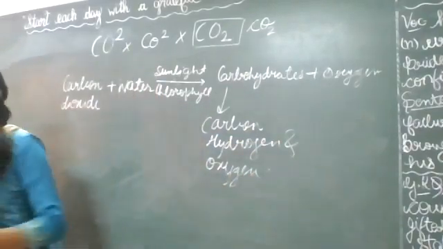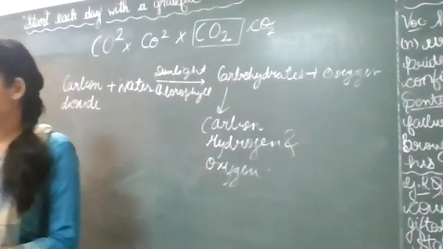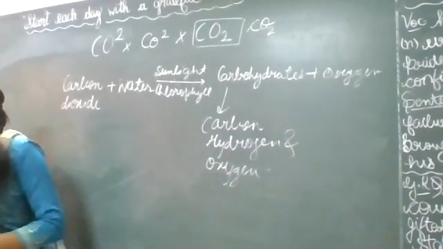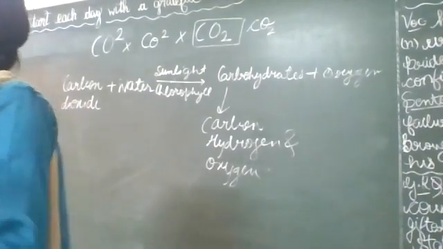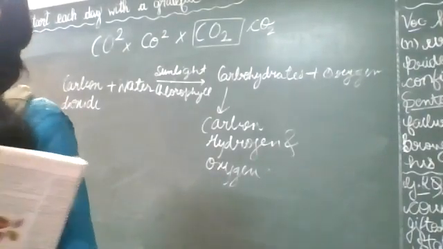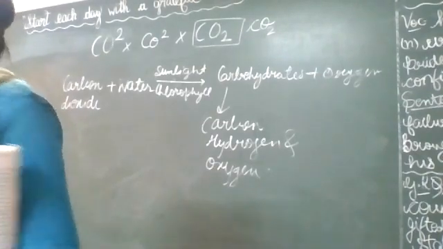So during photosynthesis, the carbohydrate that is formed is made up of carbon, hydrogen, and oxygen. And the plant also requires other things, for example, proteins and fats. What are proteins? They are nitrogenous substances. That is, nitrogen is present in them. Therefore, they are called nitrogenous substances.